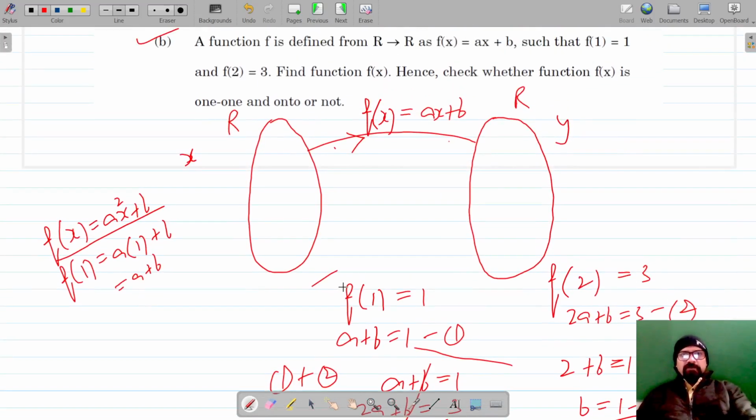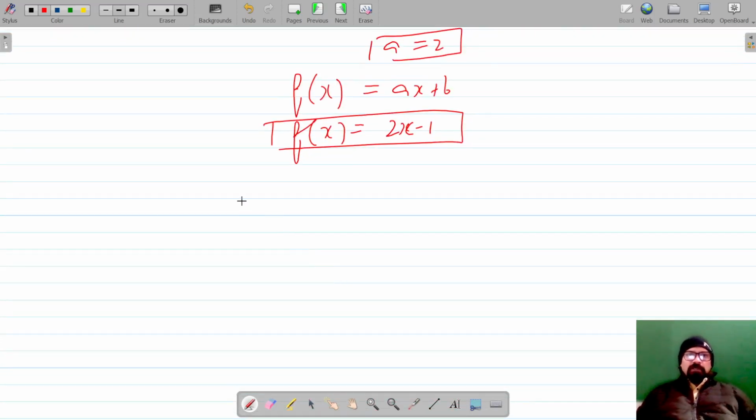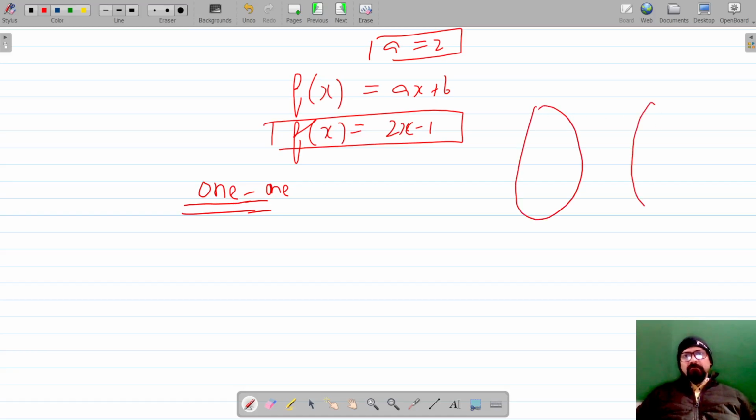Now we have to check whether the function is one-one and onto. For a function to be one-one, for every x there is a unique y.